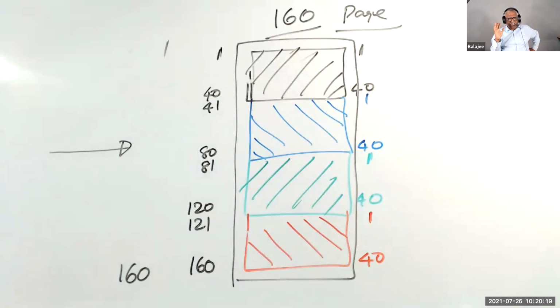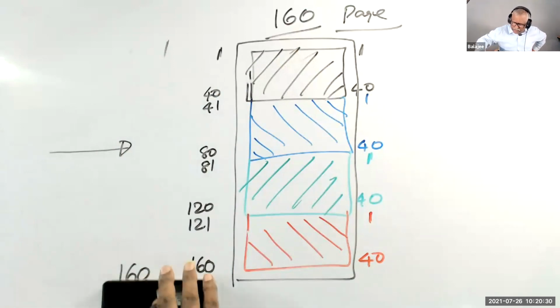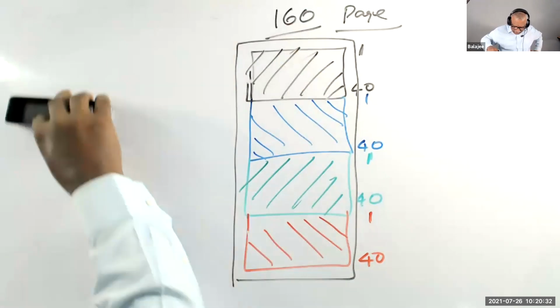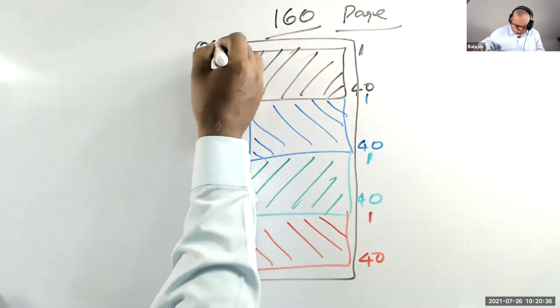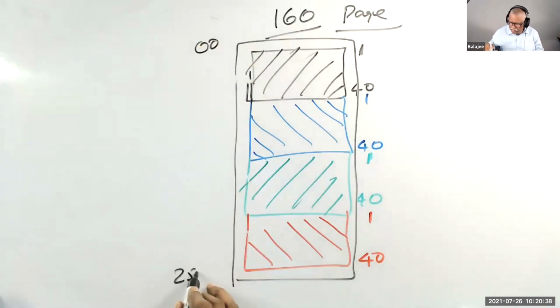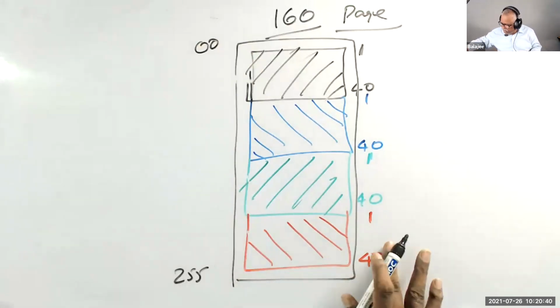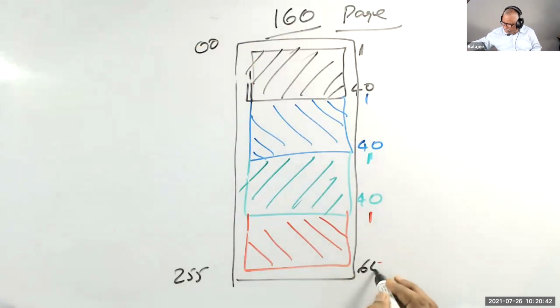But when I handle the same thing, I do it in binary. Let us see how you understand. Instead of 160, I make it 256, and each section is 64 pages, 1 to 64.